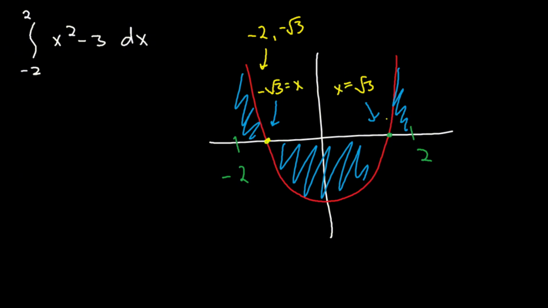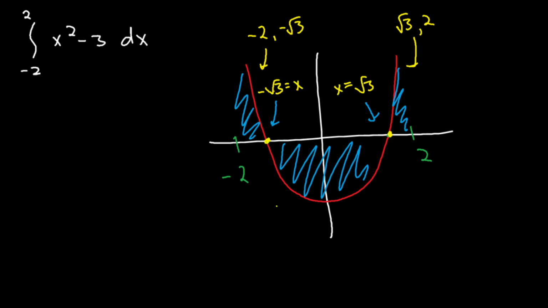These are these points. And we can separate this region into square root of 3 and 2. So when we calculate the integral of just this region using the bounds -2 and negative square root of 3, we're going to get some positive integral because the area is over the x-axis in this case. But when we solve for the integral between negative square root of 3 and square root of 3 for our function, we're going to get some negative integral because this area is below the curve.